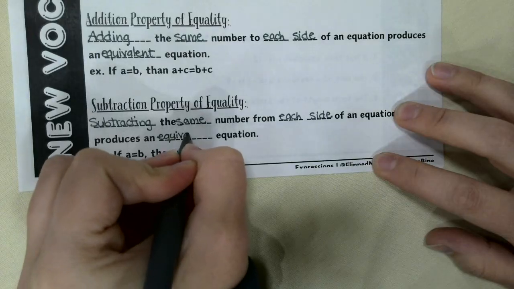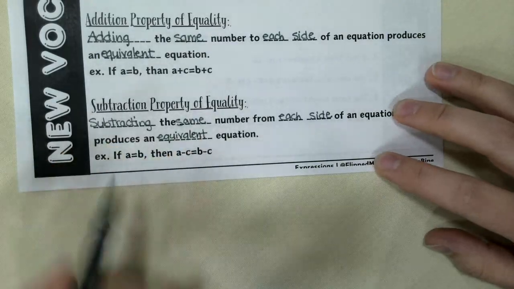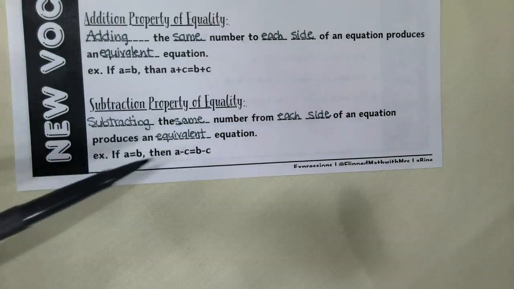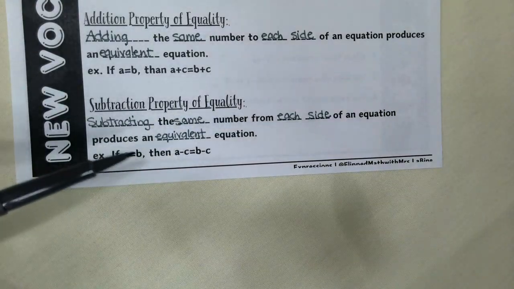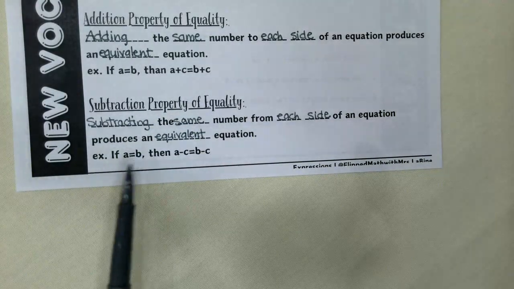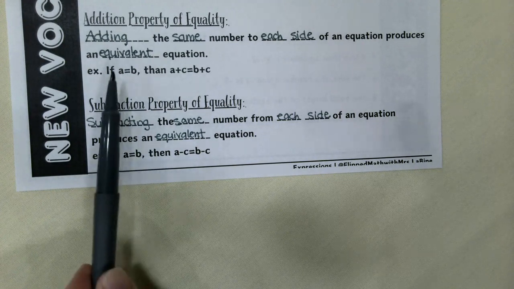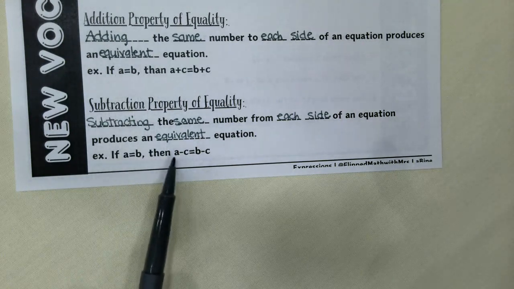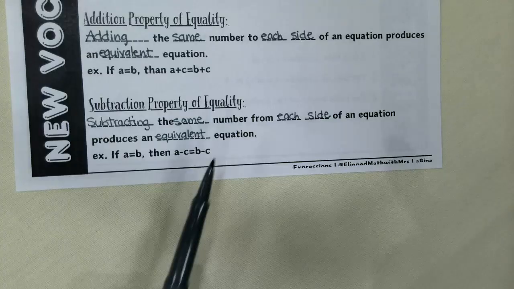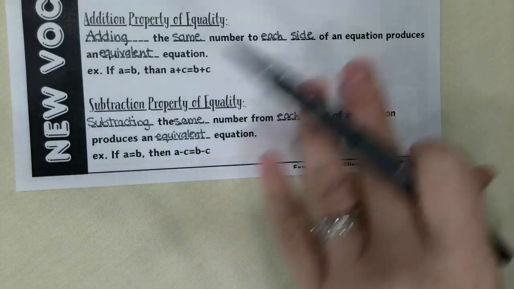If I subtract a number from both sides, if I do it to both sides, it will stay equivalent. An example would be if A equals B, just like it was up here, then A minus C and B minus C are equal.